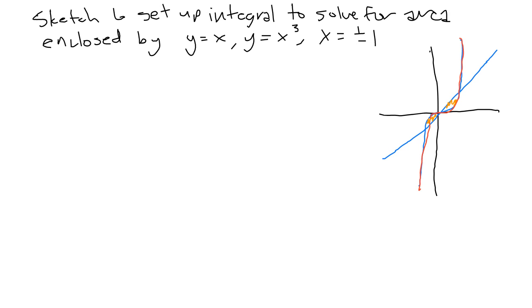We can also see that it switches which one is bigger right here at x equals 0. And we have to worry about that because we know our intersection points are at x equals -1, 0, and 1. What we're going to have to do is split this up into separate integrals.